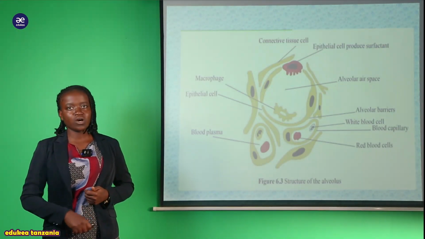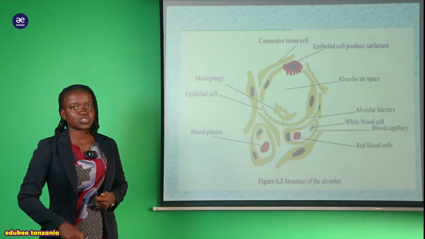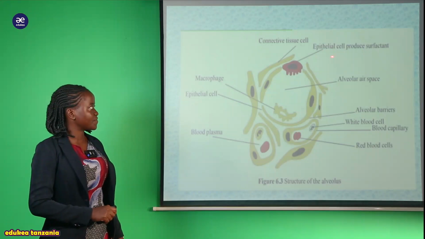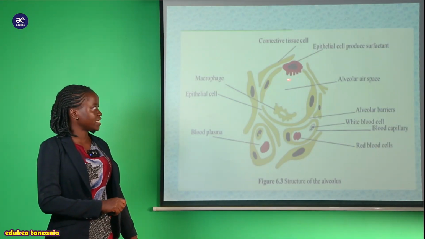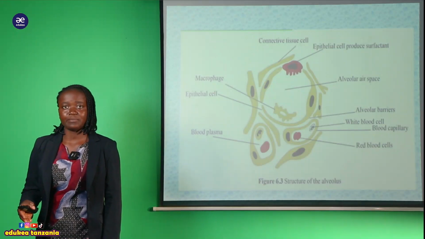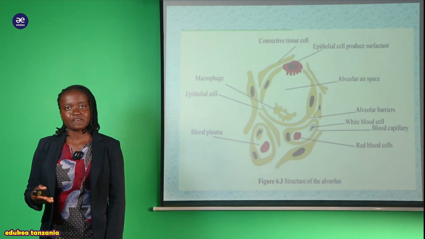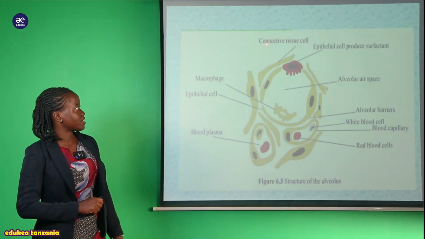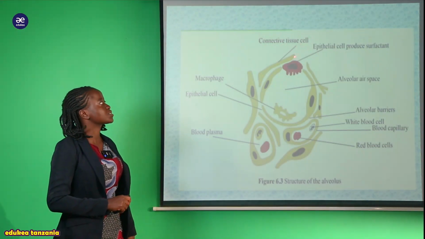This is where the oxygen or carbon dioxide concentration is found. But also now you can see here we have epithelial cells that produce the surfactant. This is the epithelial cell which produces that chemical substance which helps with the surface tension of the body. But also now you can see we have connective tissue cells.